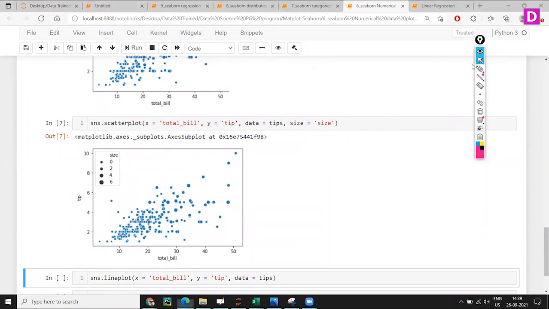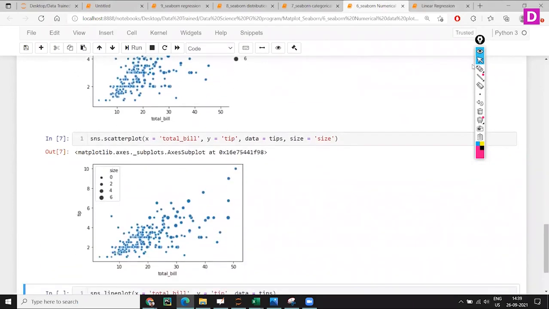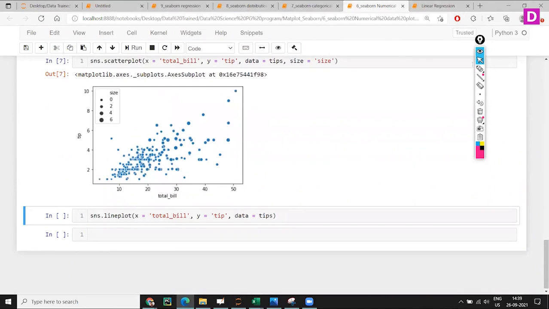So if you understand one plotting technique, almost all are on the same line. It's just that they have come up with different names with some extra parameters, which for us is not needed. It is for those who create dashboards, who basically need to design the graphs. For them it matters. For a data scientist, we really don't care about the color and things like that.